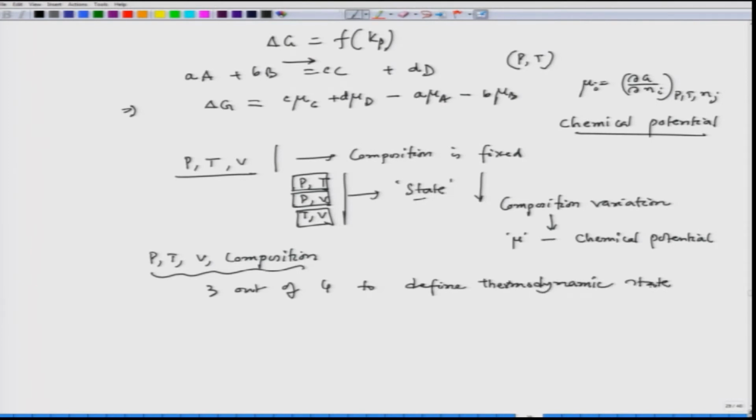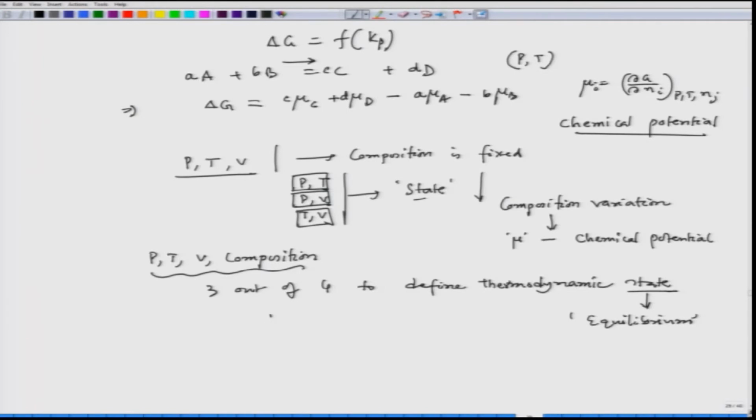Now, we have been talking about state. The state is nothing but the state of equilibrium. Until and unless the system has placed itself at some position where all the parameters are fixed, we cannot define the system. If the system is moving in that particular PVT space, we will not be able to define its state.